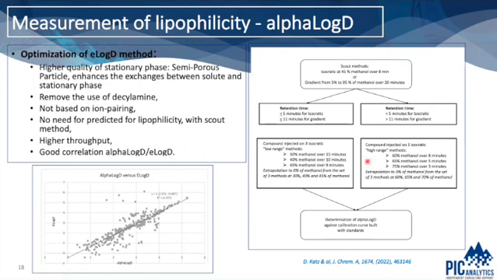So at the end of the day, you reduce the number of methods, but you also reduce the uncertainty, because you don't predict anymore, you don't use any model, but you base your decision on what's happening on the column based on the hydrophobic interactions. All of this has been published in the Journal of Chromatography in June, mid-year.